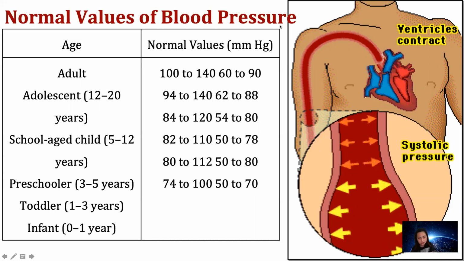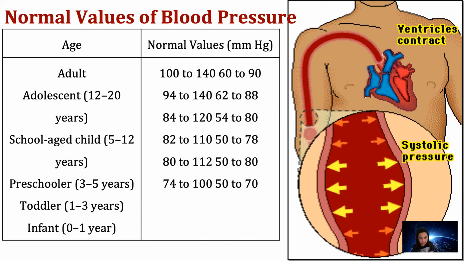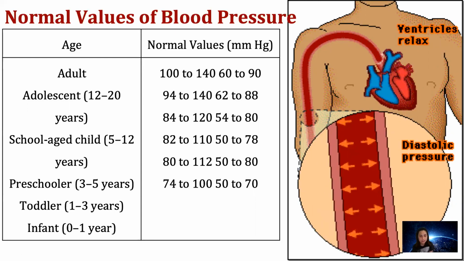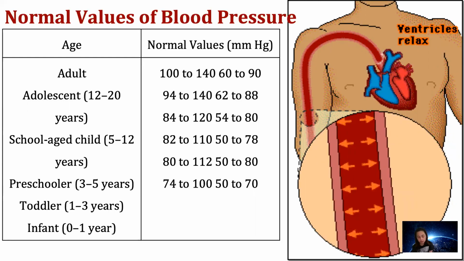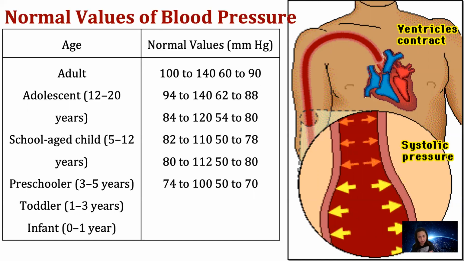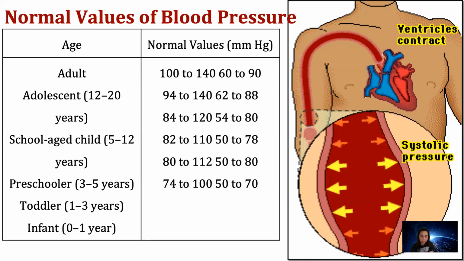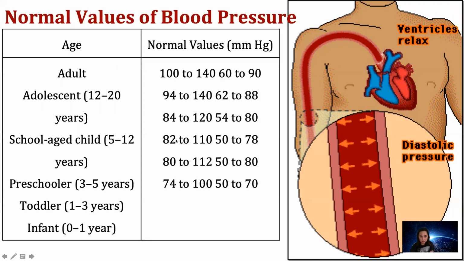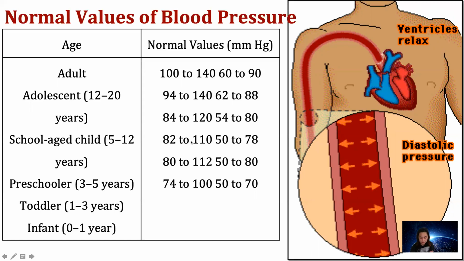So, for the adult, the range is 100 to 140 for systolic and 60 to 90 for diastolic. If we want a specific value for the adult, the normal for an adult is 120 over 80 mmHg, or millimeters of mercury. Then the other age groups are listed below.